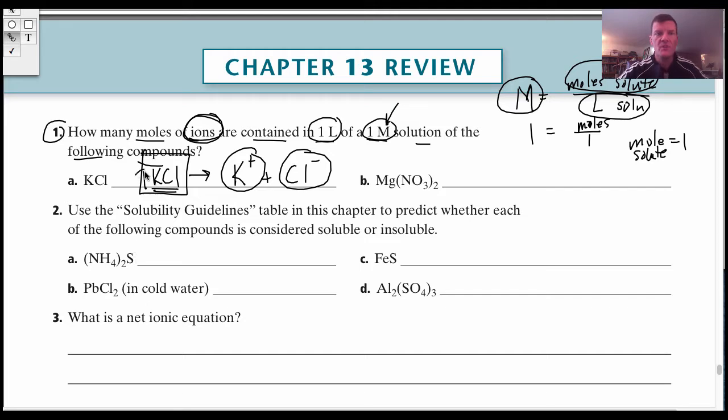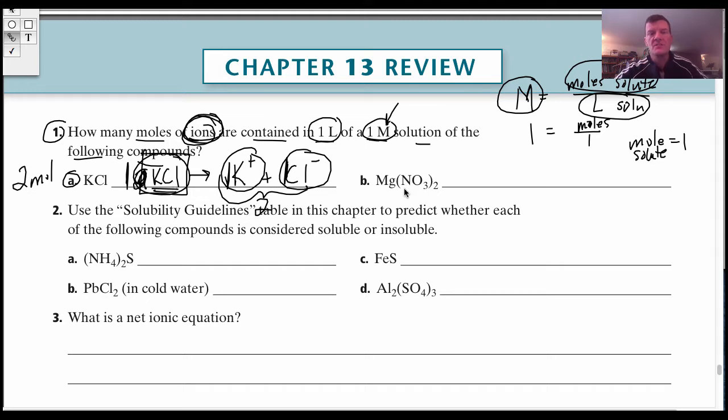So for 1 mole of the compound, I get 1 of each of these for a total of 2 moles. So the answer here for A is actually 2 moles of ions. You get a cation and an anion from this 1 ionic compound.